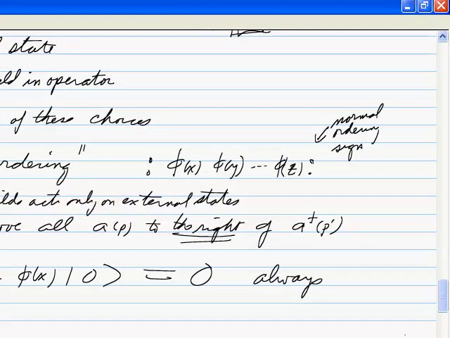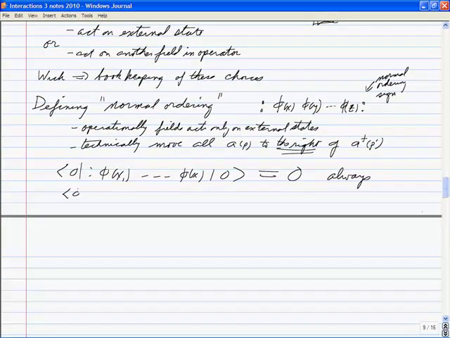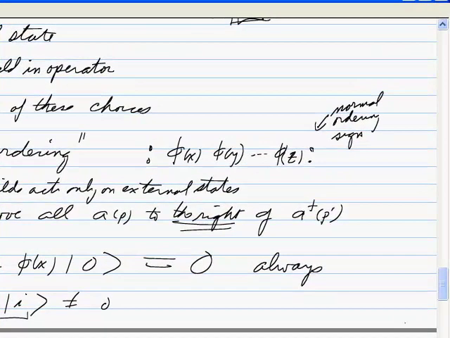But for some states, let's make it final state, phi of x1, I'll just do two of them, phi of x2, normal ordered, initial state, that is not equal to 0, because these guys, the annihilation operators, act on the initial state. It's not 0 in general.